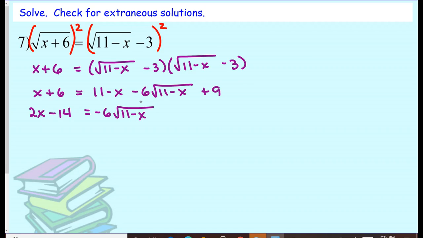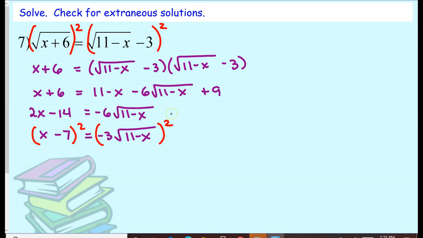That does simplify the right, but it makes the left more complicated because now you're going to have fractions on the left, and now you're going to have to FOIL something with fractions in it. So I don't think that's going to be better. I think if we just divide both sides by 2, it's going to make both sides simpler, but neither side more complicated. Okay, so now we're going to square both sides, square the whole side, square the whole side.